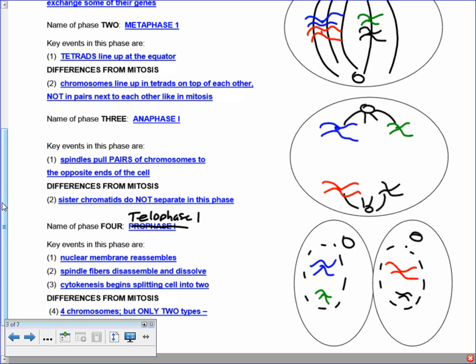Instead, at the end of the first division, I do have 4 chromosomes, but I only have 2 of each. I only have 2 kinds. I don't have all 4. So in this one cell, because of the way it lined up, I've got a blue-green combination, and in the other cell, I've got a red-black combination. I'm separating out what the genes are going to be.